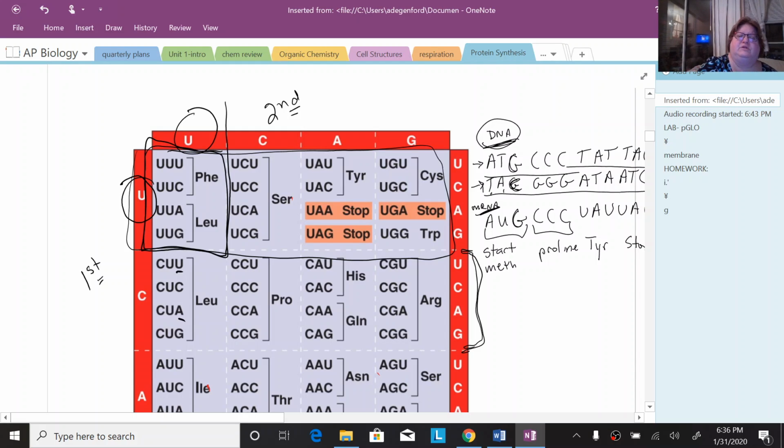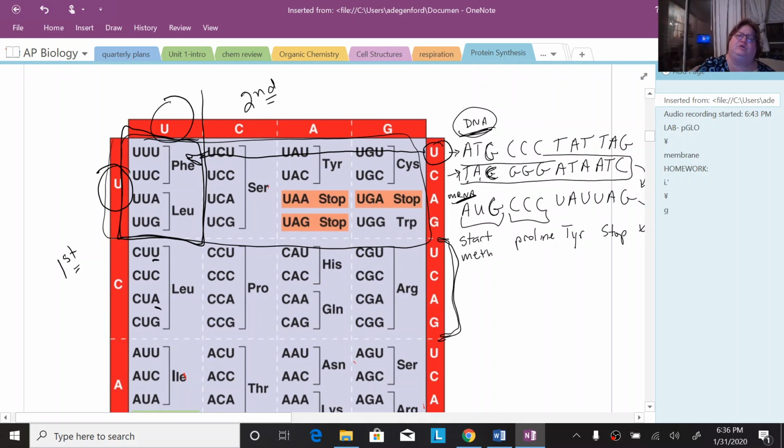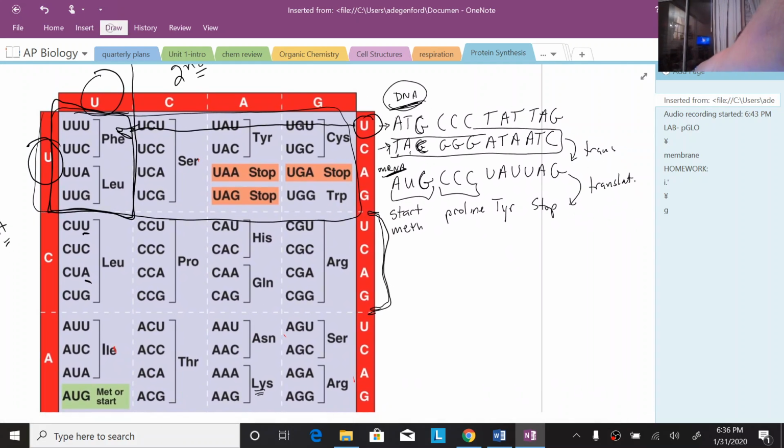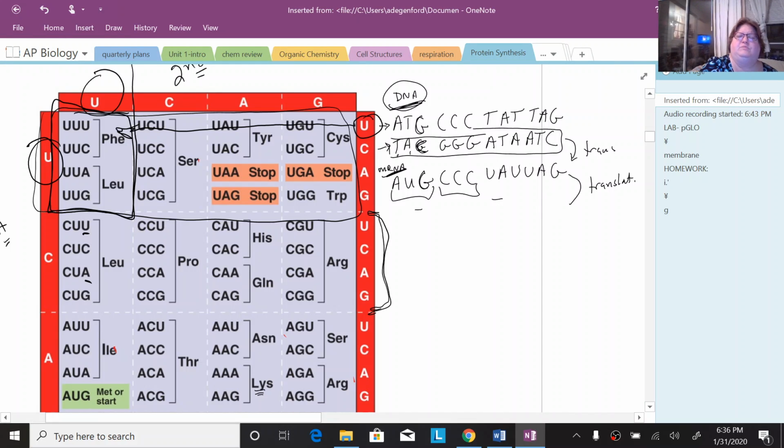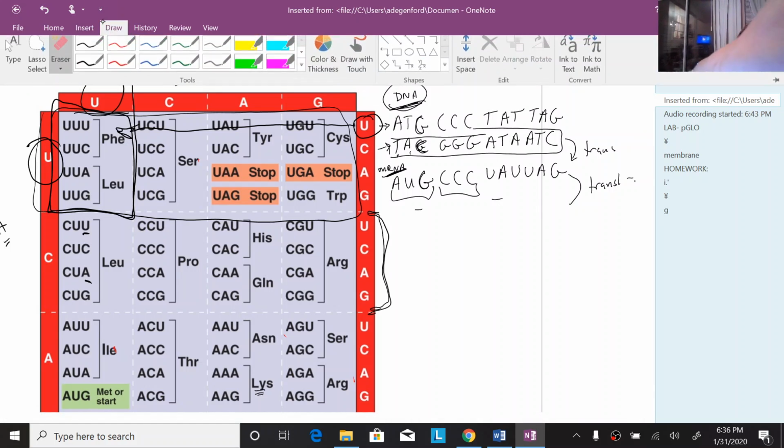And then the third letter, U, you follow over, and that's our phenylalanine. Now, you would never need to memorize this chart. You'll probably start to know a couple of them because I like to use some that I know. And you might recall, we did this with our monster lab and things of that nature.